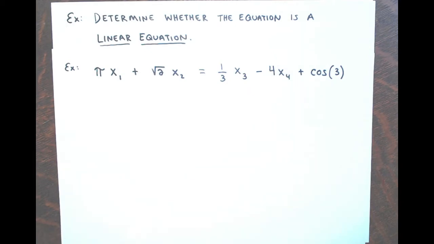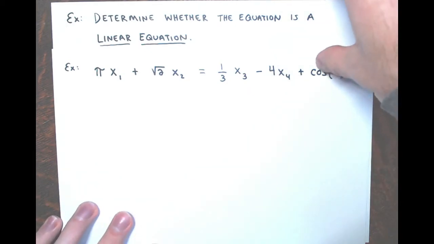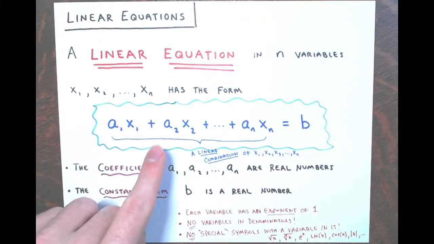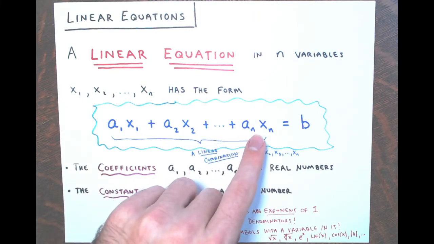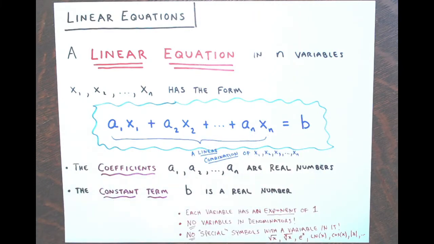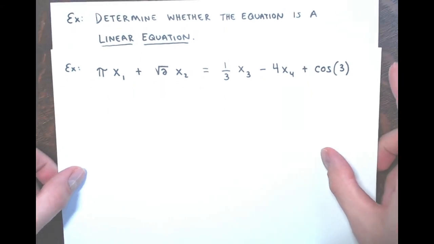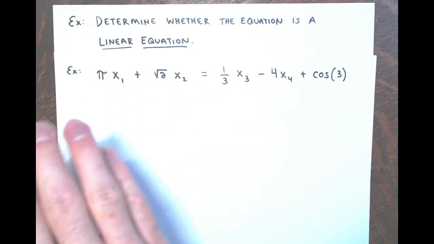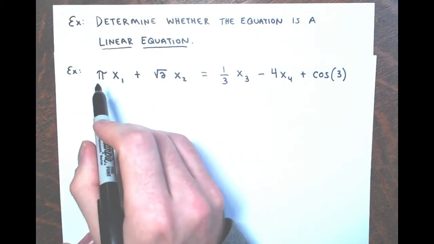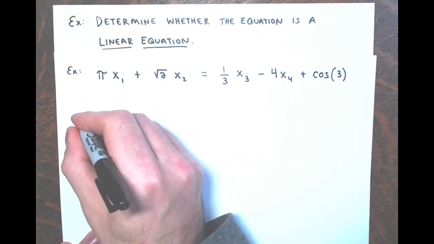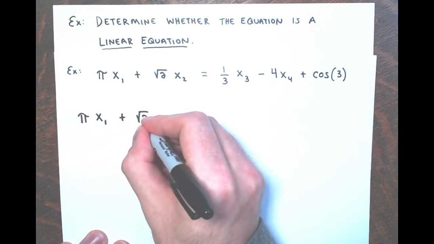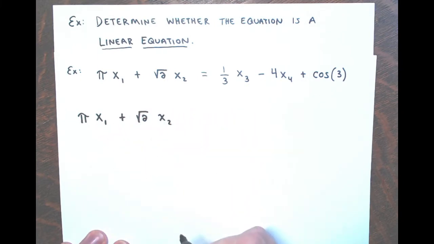Again, the answer to that question is simply, can I rewrite this as a linear combination of the variables equal to a constant, where all the variables are to the first power? There's only one variable in each term. Let's see. I've already got a couple of terms. Let me take all the variables to the left side. So I've already got the number pi times variable x1 plus the number square root of 2 times the variable x2.